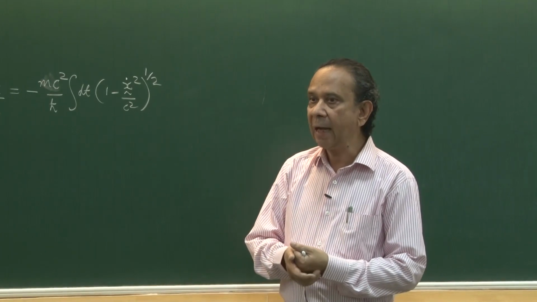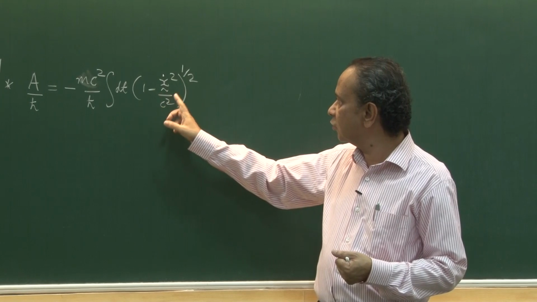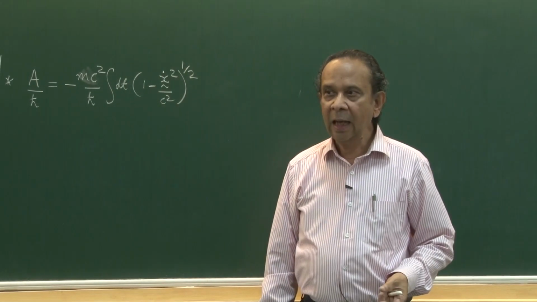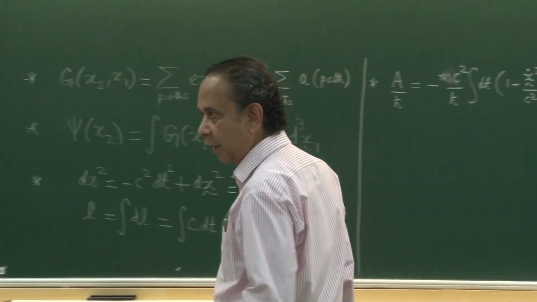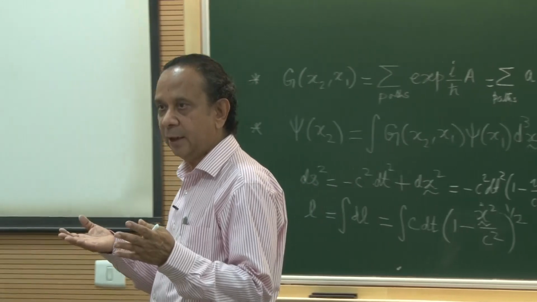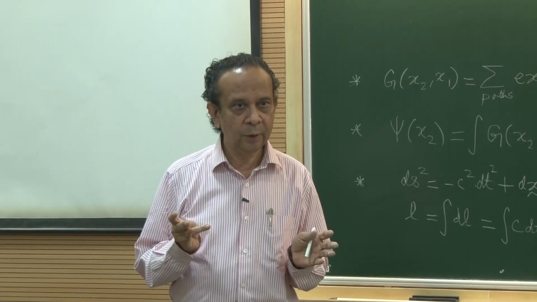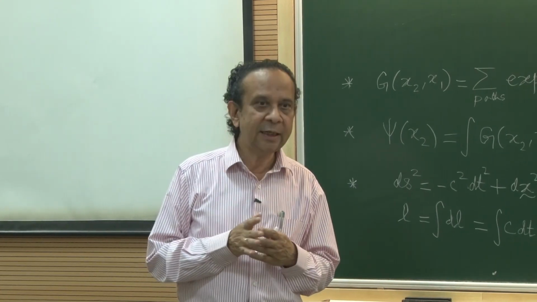So you say that the action for a free particle is integral dt (1 minus x dot square upon c square) to the power half times a constant, and that constant multiplied by h cross divided by c square defines a property of that particle, and that property we call mass. You do not have to introduce mass in any other funny way, it is just a definition.